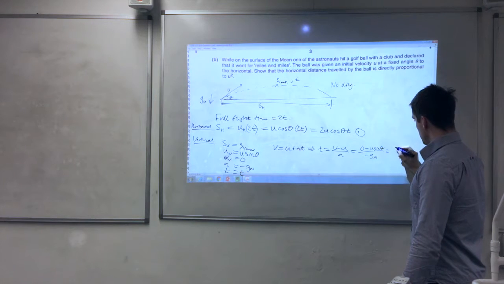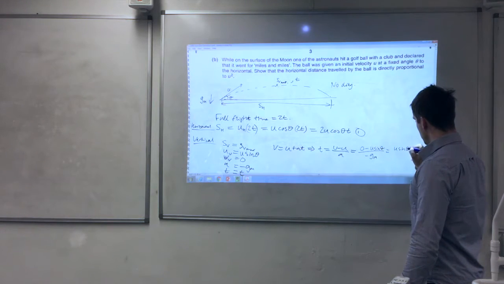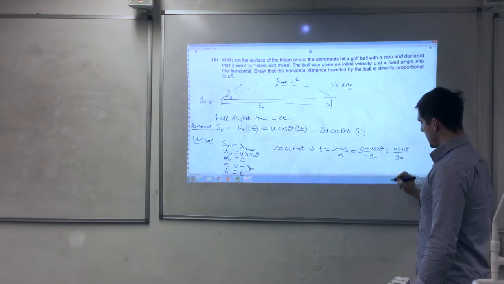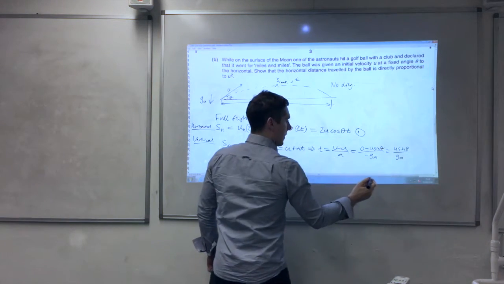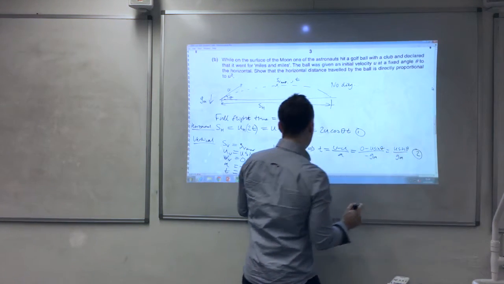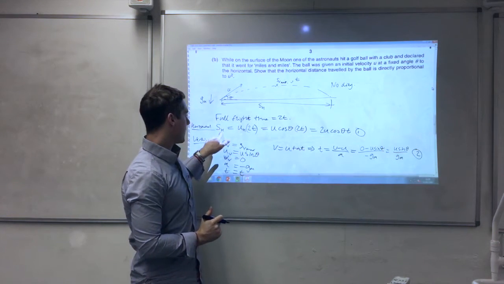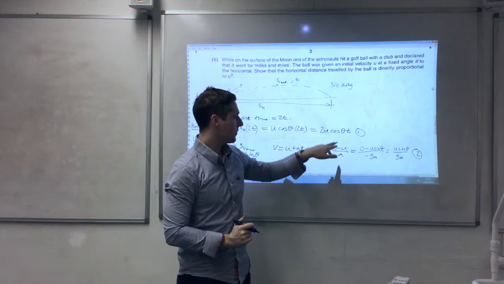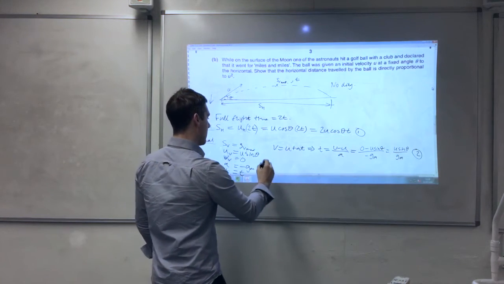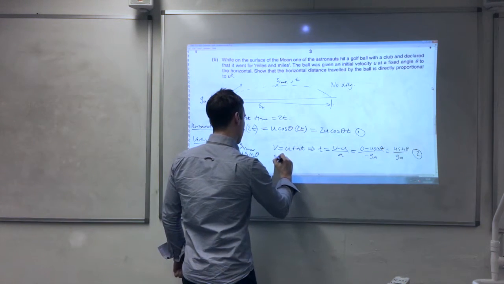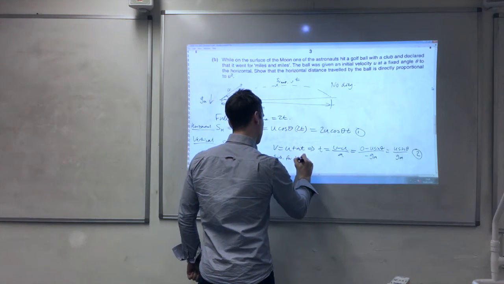That's actually going to be u sine theta over GM. That's equation 2. So now I've got an expression for t. Because I want to find the distance, I can now substitute for t in equation 1.